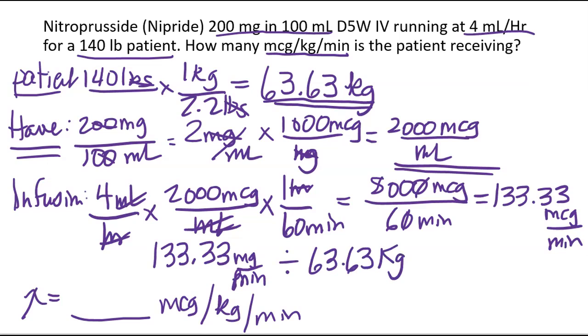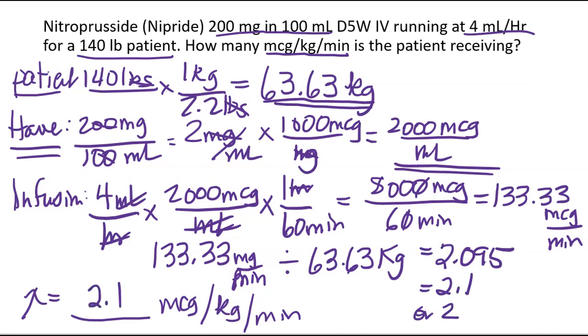We need to divide it by how much the patient weighs in order to get a weight-based answer. So we take 133.33 divided by 63.63, and the answer will be 2.095, and a whole bunch of numbers after that. So that's going to be 2.1 or just 2, but that's your answer right here, 2.1 micrograms per kilogram per minute.